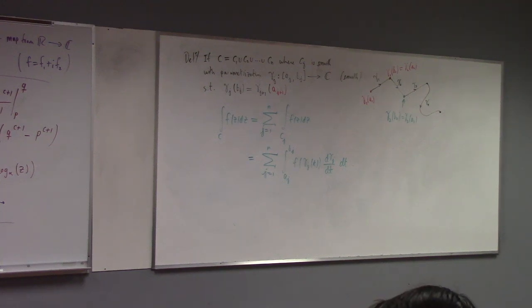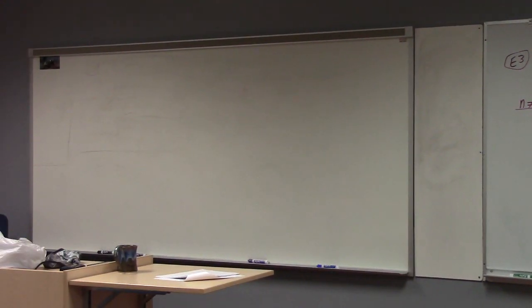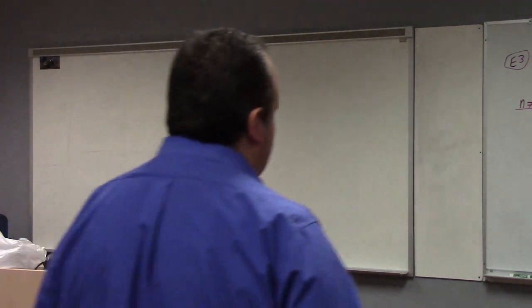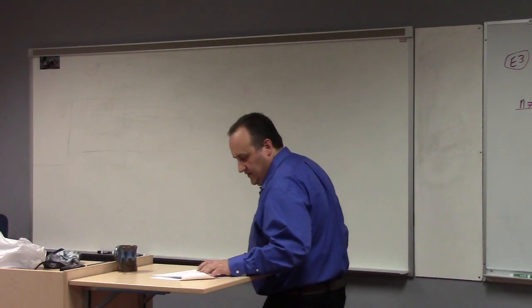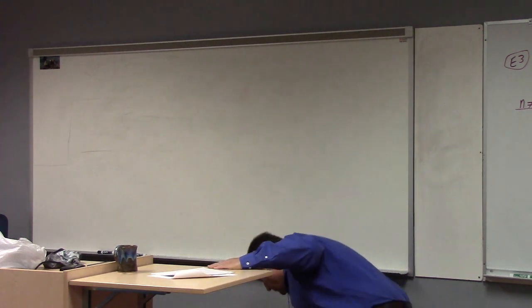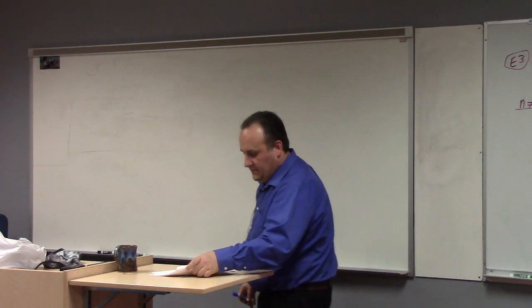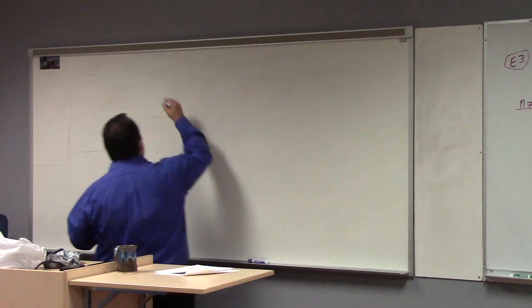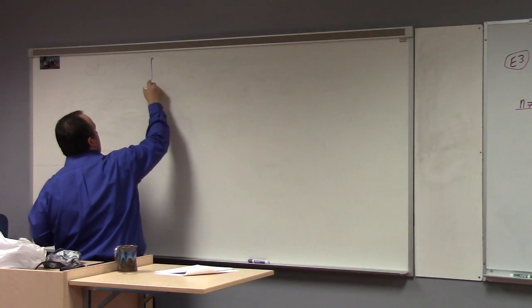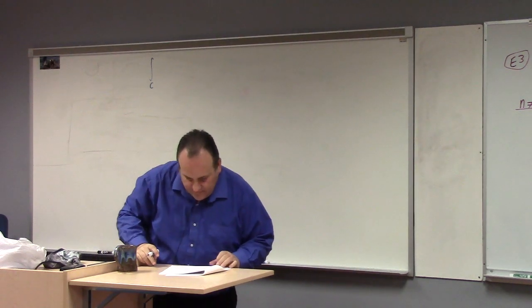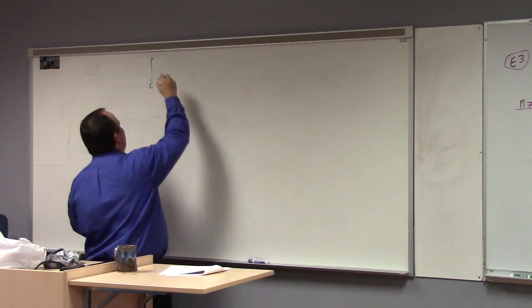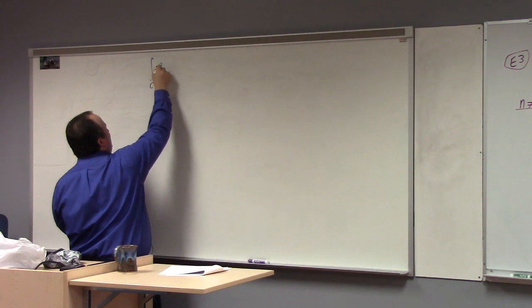So just to give you an example where we need different parameterizations for different pieces, one of my favorite examples is the integral over a half circle. So we'll do the integral of z squared over the upper half circle, the integral over C of z squared dz.